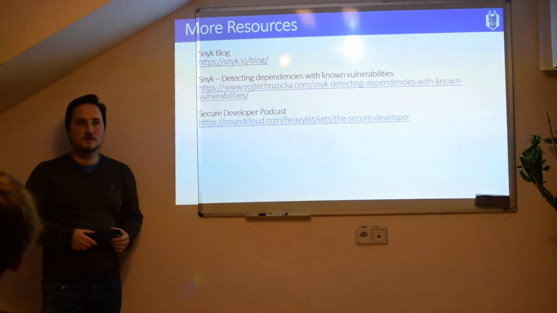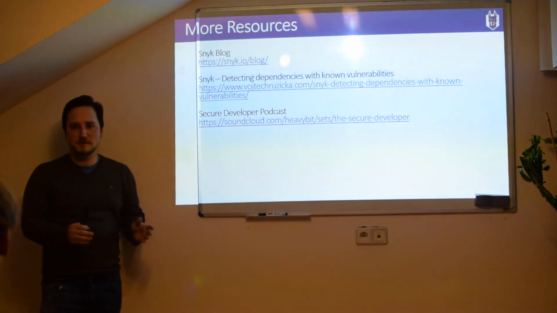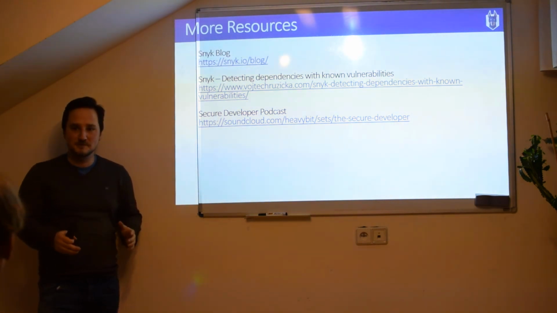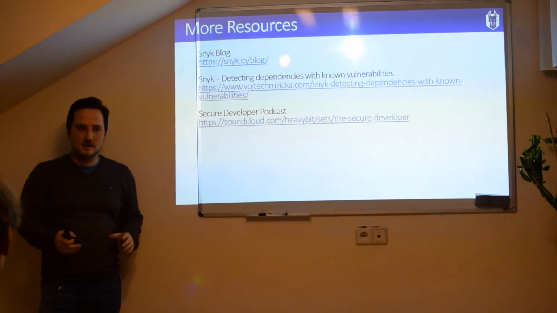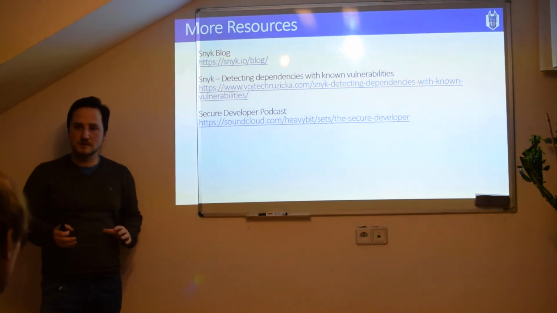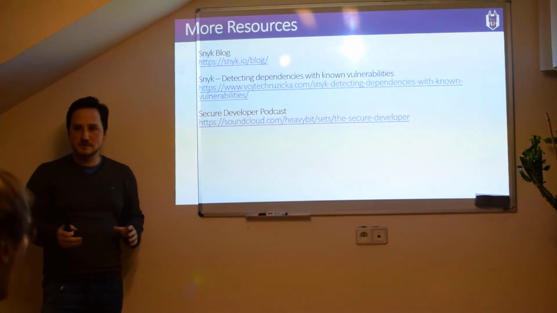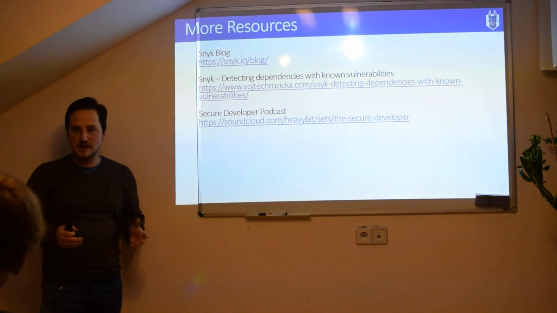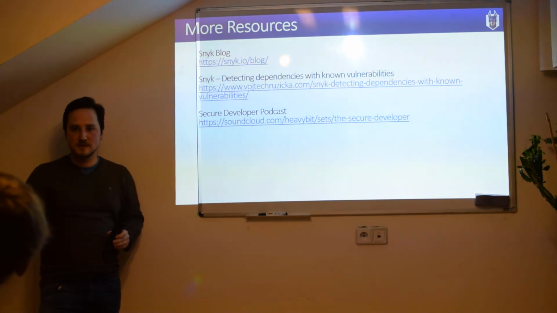Mm-hmm. So for quite some time nobody actually cared about security vulnerabilities, but maybe in the last 2 years or so, a lot of ecosystems started to build some solution on their own. So for example, if you are using npm in some later versions, it already tells you that you have some vulnerabilities in your dependencies, right?